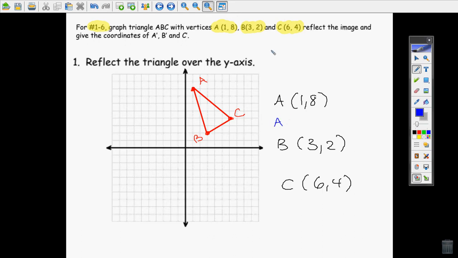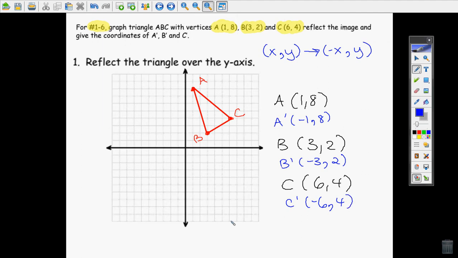So x, y, we change the sign of the x and we keep the y. So A prime becomes -1, 8. We changed the sign of the x, we kept the y. B prime, change the sign of the x, keep the y. C prime, change the sign of the x, keep the y.